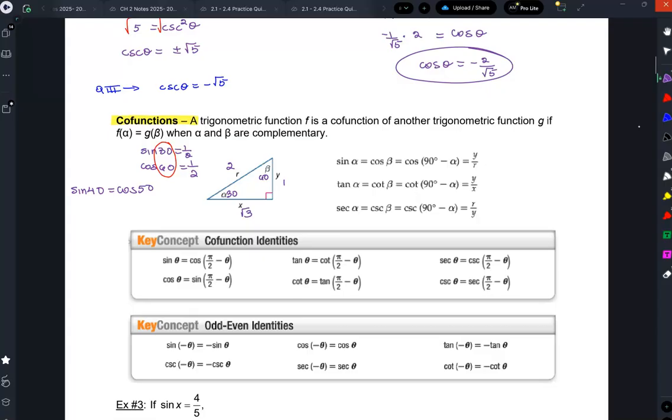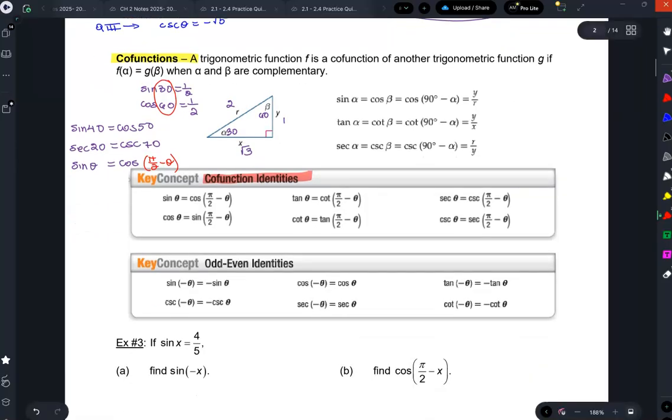And if I have secant of 20, what will that be equal to? Cosecant of 70, because together they add up to 90. Another way to write it is sine of theta equals cosine of pi over 2 minus theta, or 90 minus theta. So these are the cofunction identities.